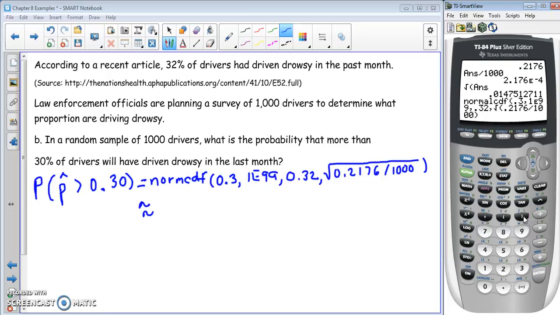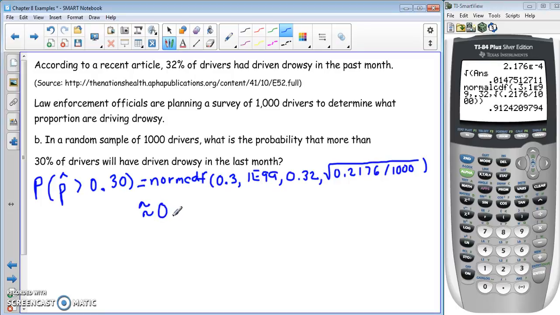Close the parenthesis, close it again, enter. So this is 0.9124. That is actually quite a high percentage. So moving on to the next part.